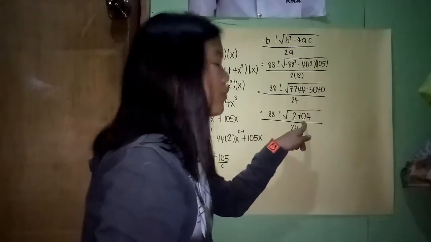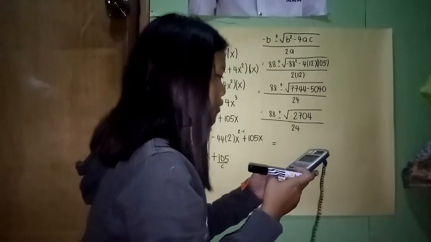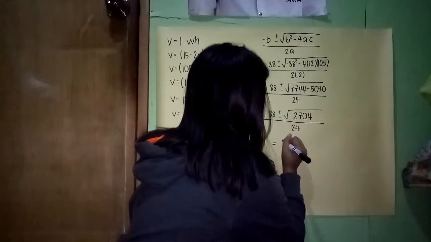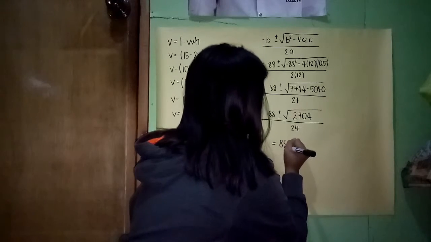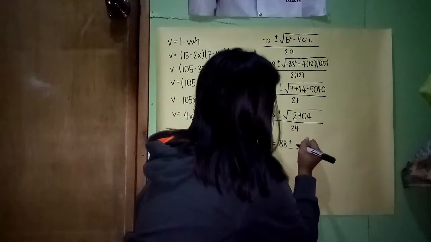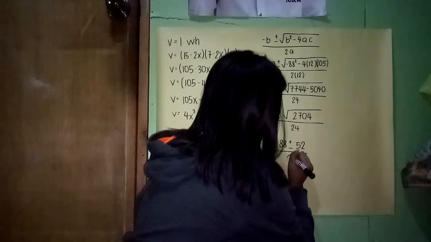The square root of 2,704 is 52. So this is 88 plus or minus 52 all over 24.